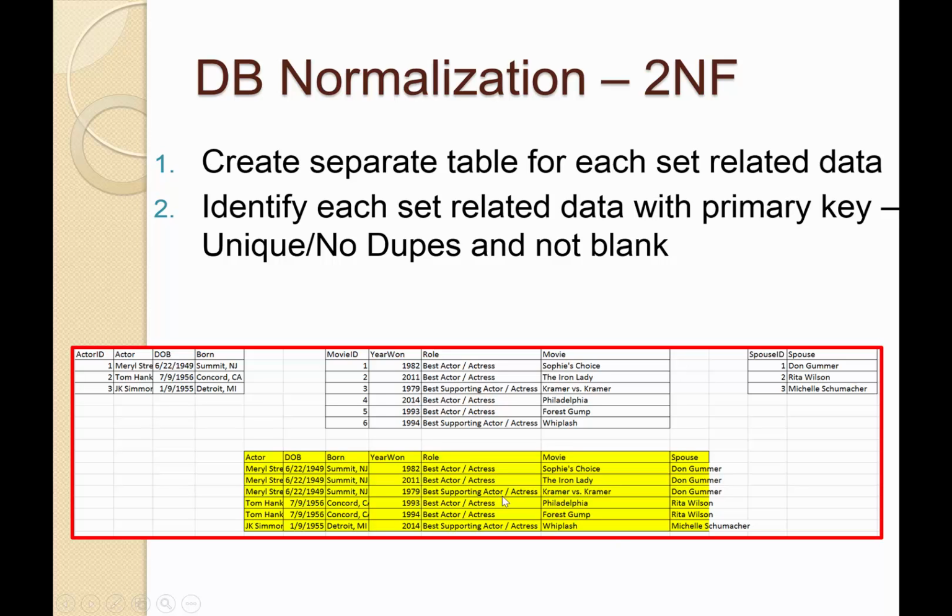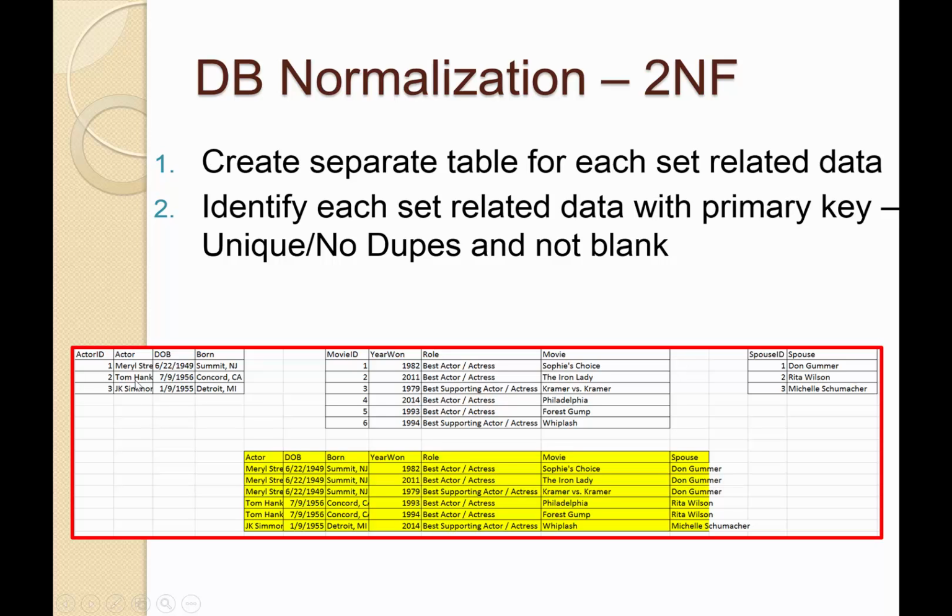However, this makes it very useful when we take something to third normal form. So we'll see that in second normal form, each table is going to have a primary key that's going to make that row unique.